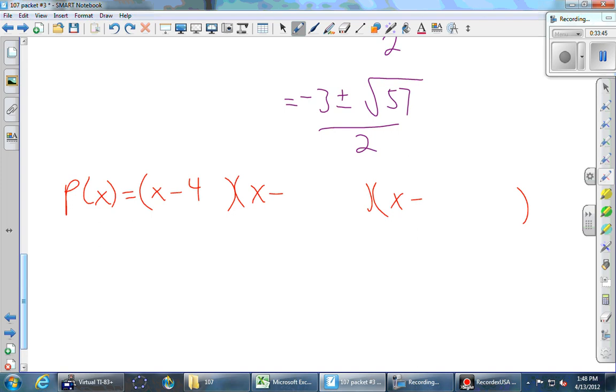Whatever the number is, whatever the x-intercept is, whatever the 0 is. What were the zeros? Negative 3 plus root 57 over 2. That's one of them. What was the other? Negative 3 minus root 57 over 2.